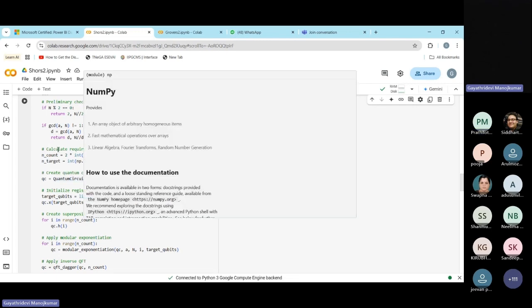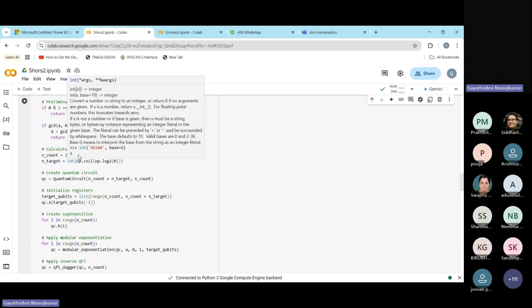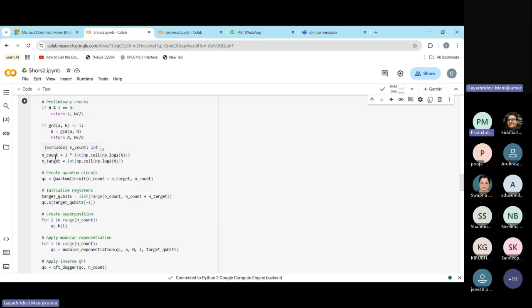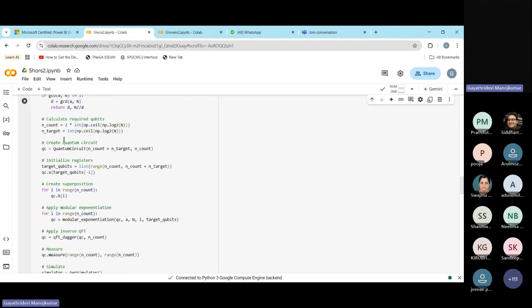This is used to hold the register in a superposition state, so that after applying the inverse QFT, which we have already defined, it gives us an estimate of the phase related to the period. We also defined one target variable, which is a register initialized with log base 2 of n qubits. So we have represented that.